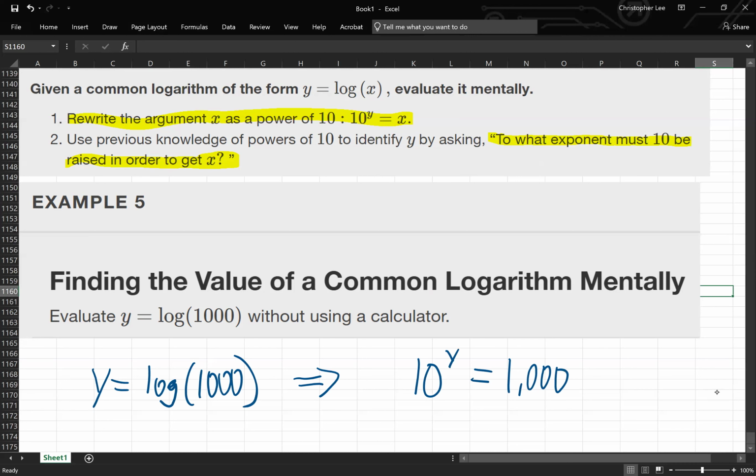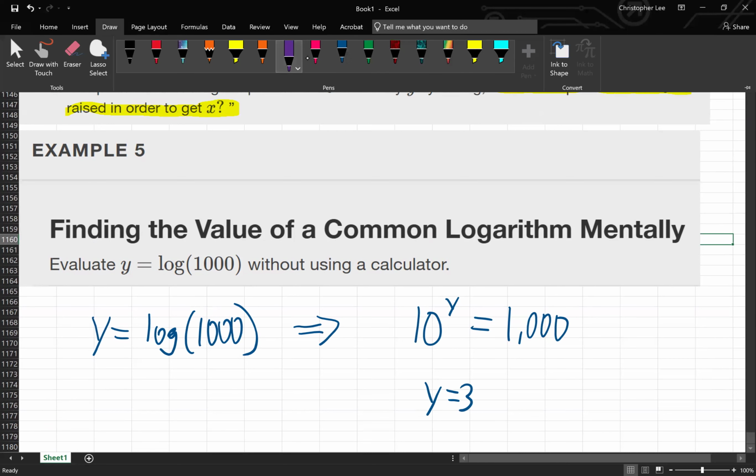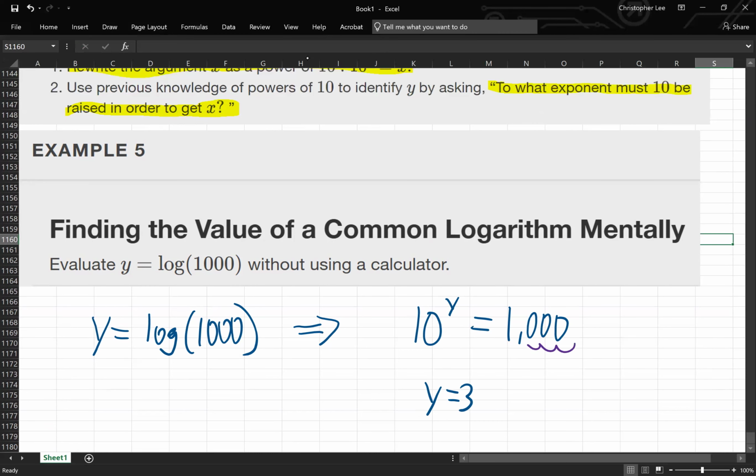What's the answer? Third power, right? So y equals 3. Here's a trick: you just count the zeros. 1, 2, 3. So that's 3. And 10,000 would be 4.